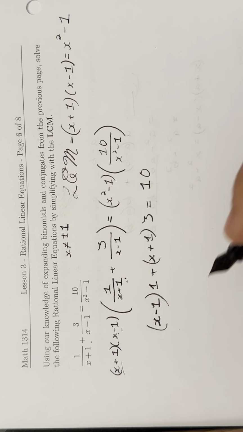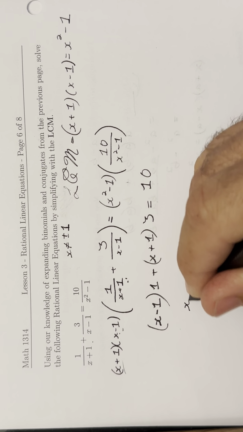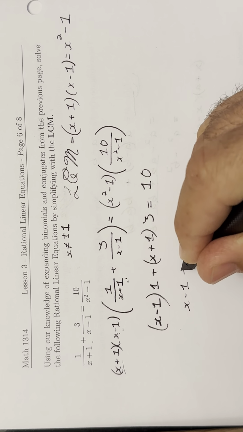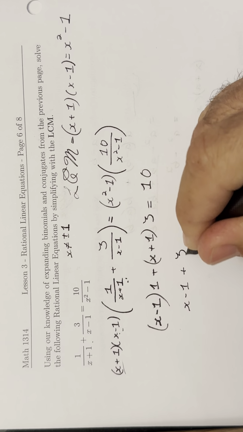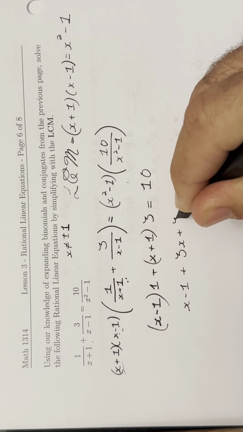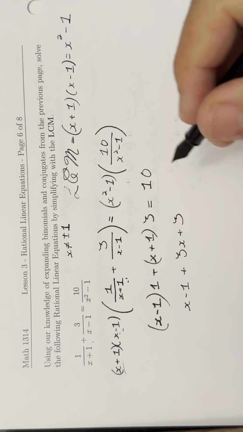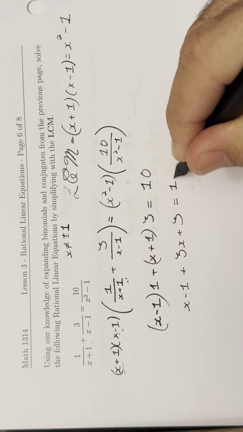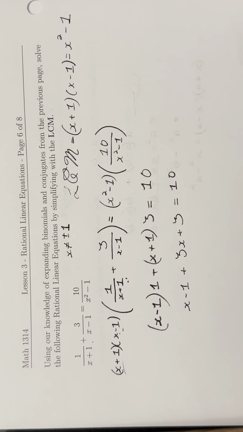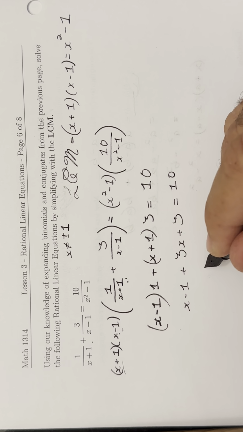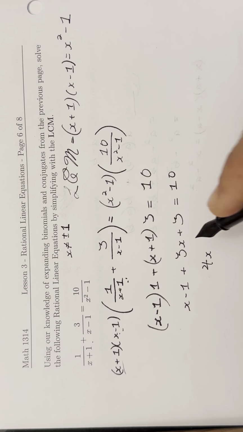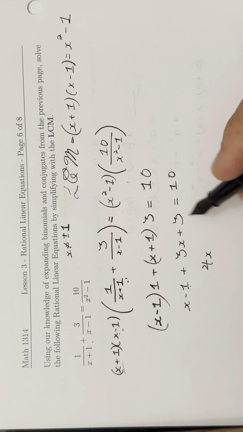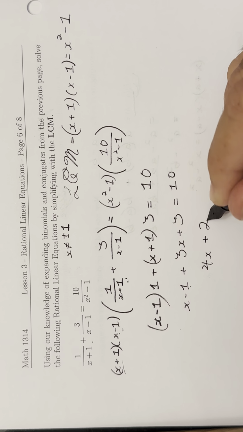So we begin working this through. X minus 1 plus 3x plus 3, right? Because 1 times 3 is 3, and that all equals 10. This is turning into a much easier problem to work. So we're going to combine x and 3x to get 4x. Combine negative 1 and 3 to get 2.